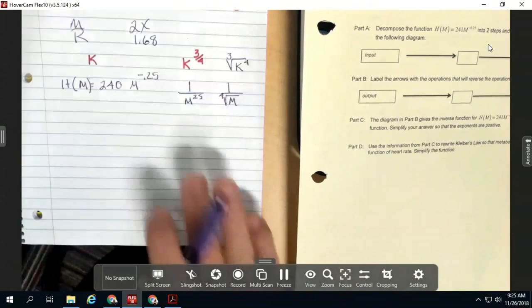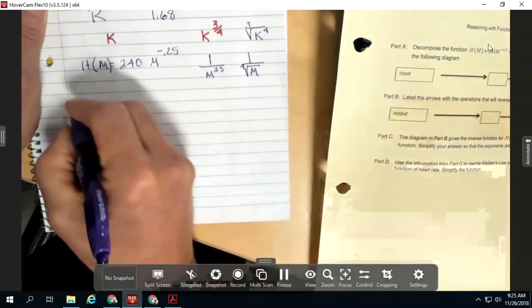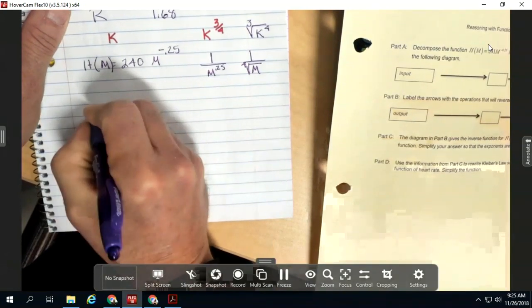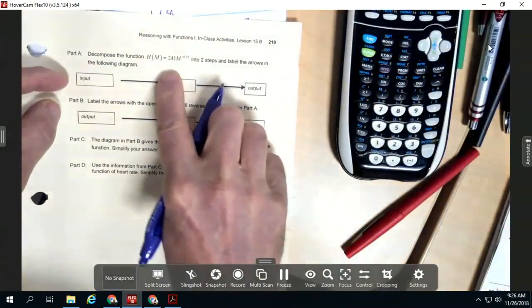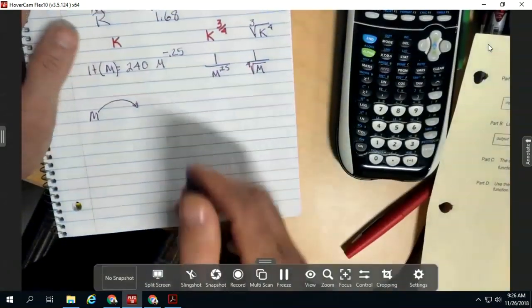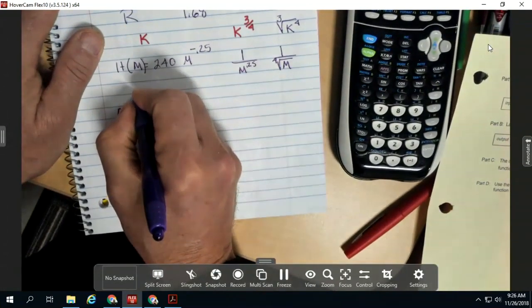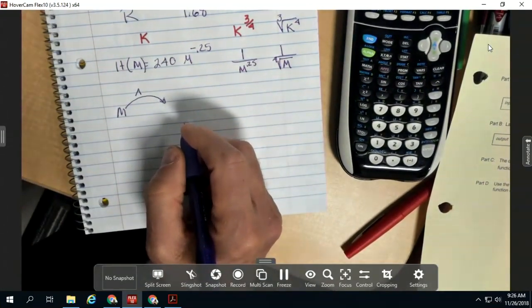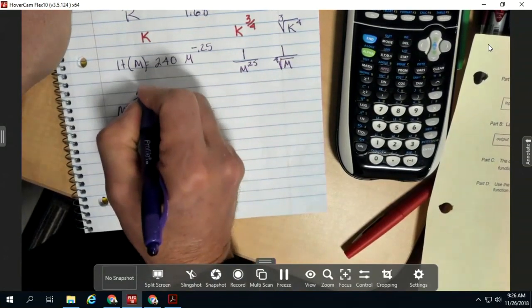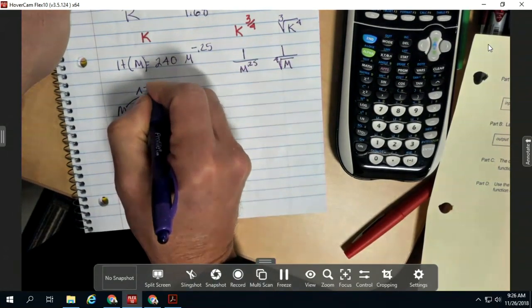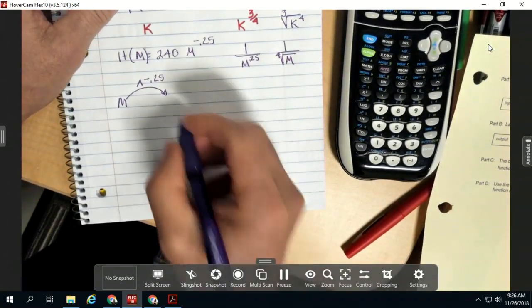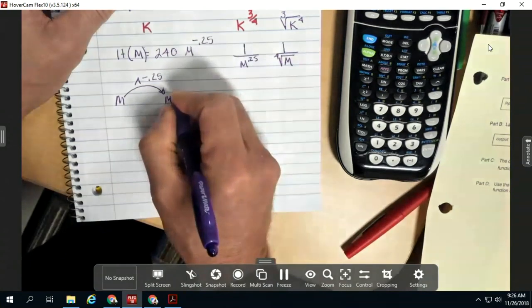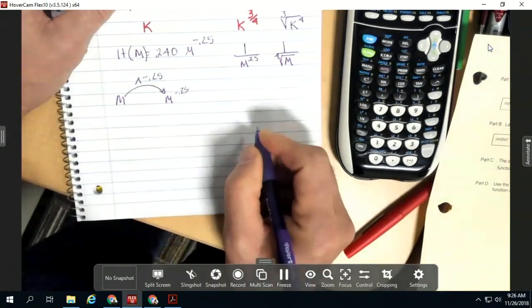So, let's go through the process of starting with M. What's the first thing we do to end up with 241 m to the negative 0.25? To the negative 0.25, right? And we get m to the negative 0.25.